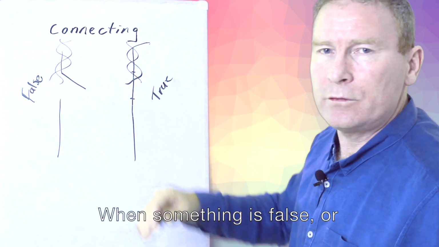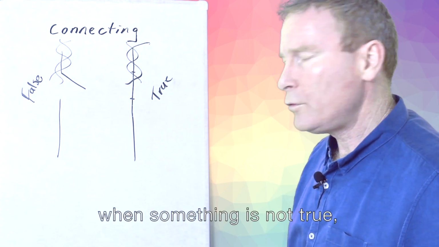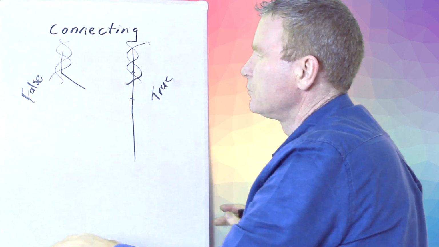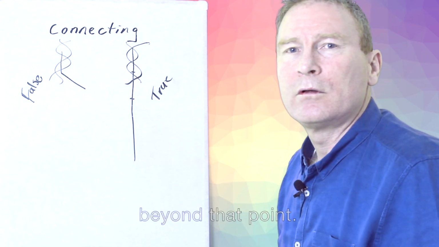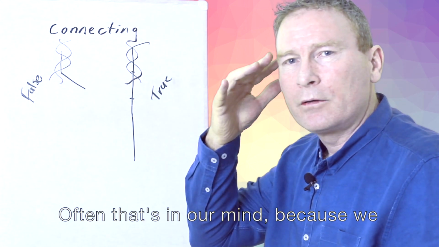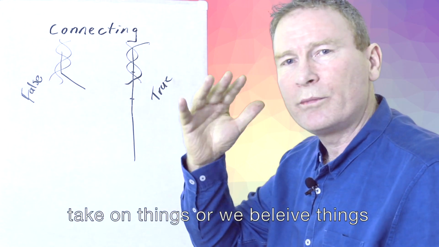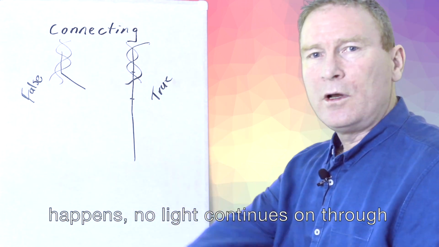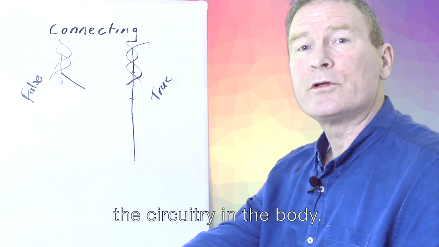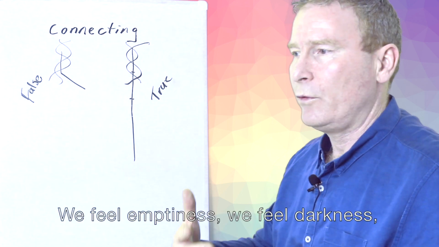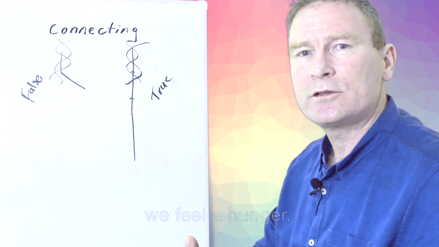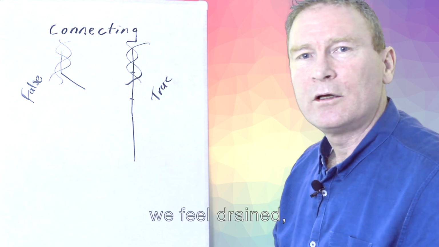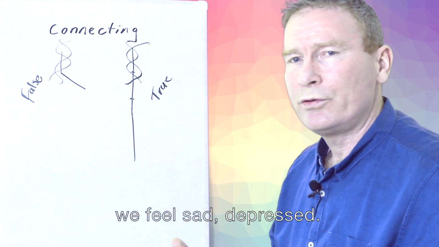So when something is false, or when something is not true, there ends up being no light beyond that point. And often that's in our mind, because we take on things or we believe things that aren't correct. And when that happens, no light continues on through the circuitry in the body. And we feel emptiness, we feel darkness, we feel hunger, we feel drained, we feel sad, depressed.